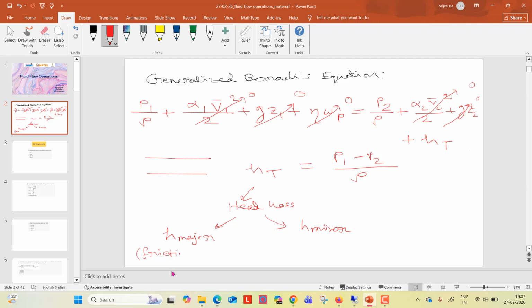So H major is major loss, and this is minor loss.